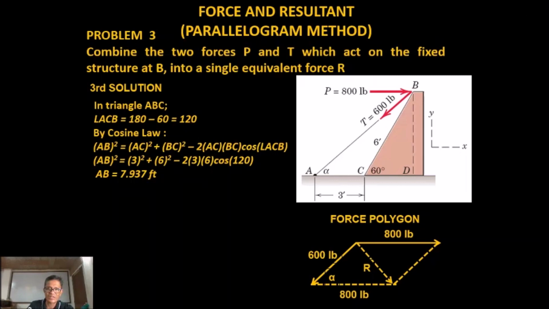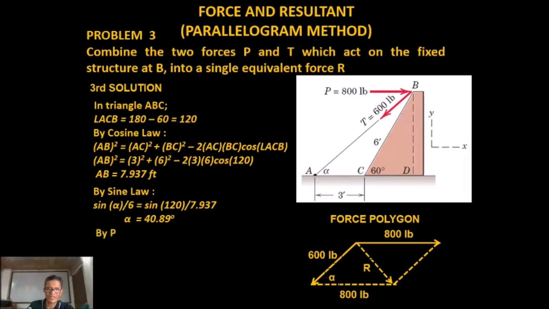Then after which, we can use sine law to solve for alpha. We have sine of alpha is to the opposite side 6 as sine of 120 degrees is to 7.937. What is the 120? The 120 is angle C, angle ACB, that is equal to 120 degrees.